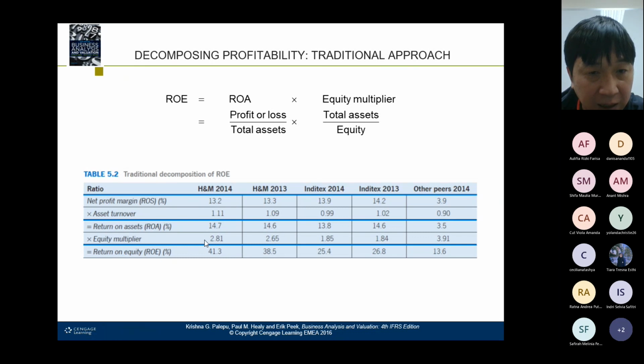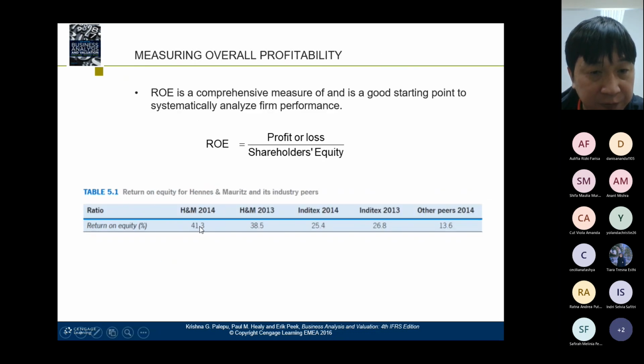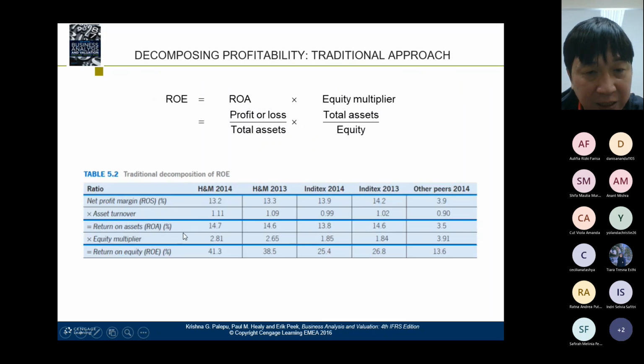In table 5.1, H&M's ROE in 2014 is 41.3. Here we decompose it into ROA and the equity multiplier. We have ROA 14.7 and equity multiplier 2.81. So 41.3 comes from multiplying 14.7 by 2.81.